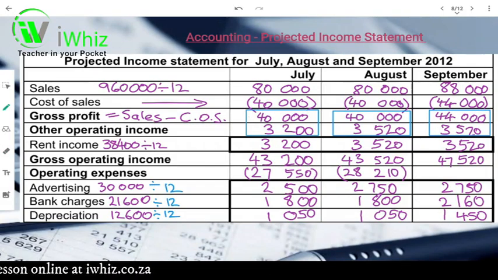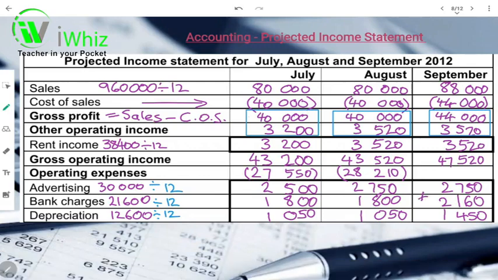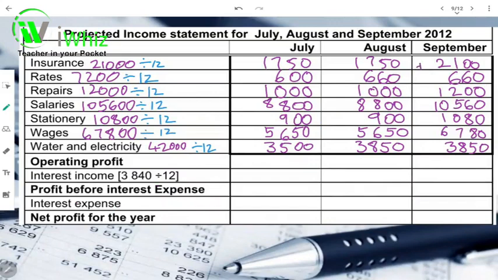So you're going to take 2,750 Rand plus 2,160 Rand plus 1,450 Rands plus 2,100 Rand plus 660 Rands plus 1,200 Rands plus 10,560 Rands plus 1,080 Rand plus 6,780 Rand plus 3,850 Rand.